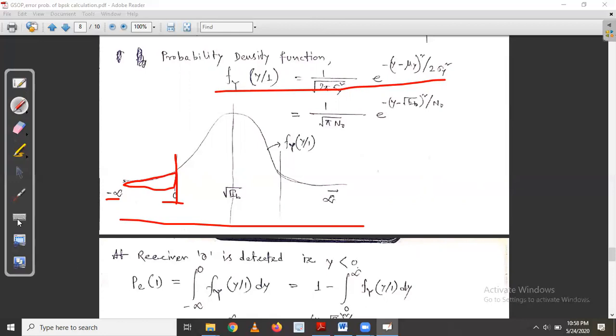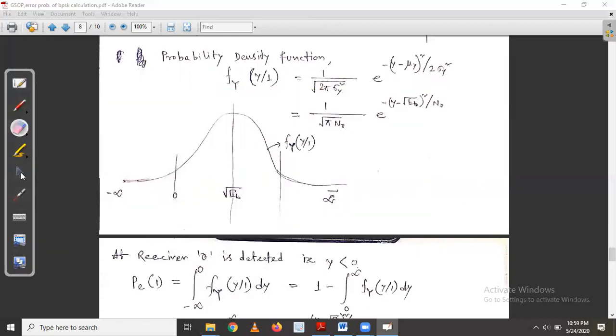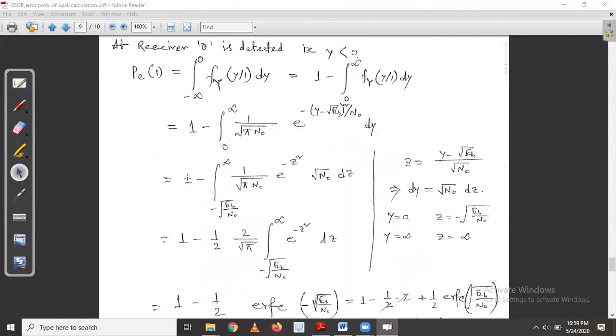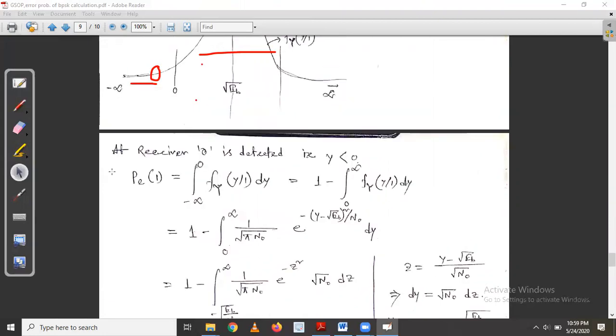Okay. So at receiver, 0 is detected. Actual bit transmitted is 1. Minus infinity to this 0 from this curve, this region only, remember. Okay. So total probability is 1, 1 minus 0 to infinity means only this region. That I have written here.